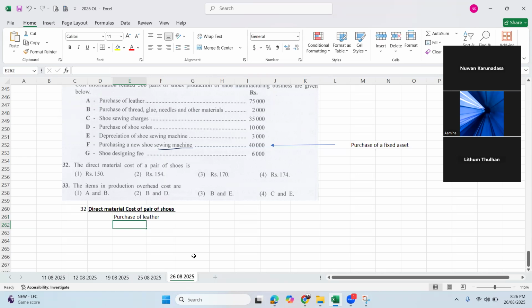Then purchase of thread, glue, needle, and other material we will take under production overhead. Then shoe sewing charges, it's direct labor. Purchase of the shoe sole is direct material. Depreciation of the shoe sewing machine is production overhead. Then the purchase of a shoe sewing machine will not come. Shoe designing fee is part of the other direct cost.